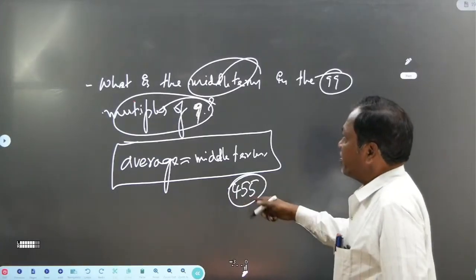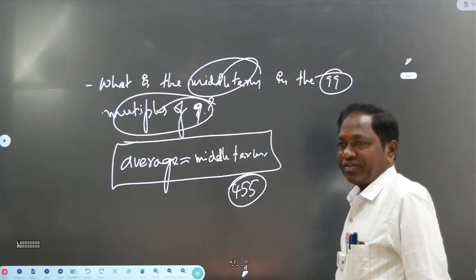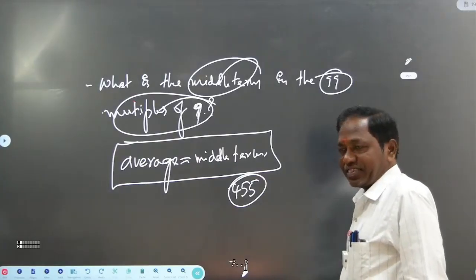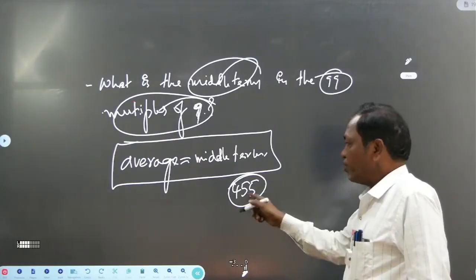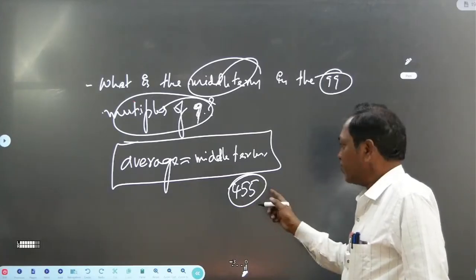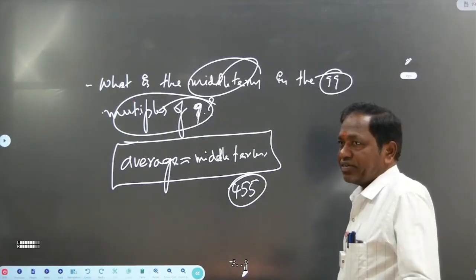You can check whether the number is a multiple of 9 or not. Sum of the digits, like 3 and 9, is the same rule. 4 plus 5 is 9, 9 plus 5 is 14, but it is not a multiple of 9.